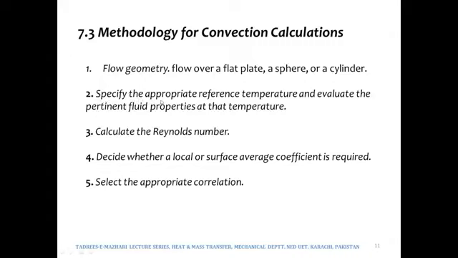And then we need to specify the appropriate reference temperature and evaluate the fluid properties at that temperature. So we will see in a bit, when we would be solving the problems, that we need to refer to the tables to find out the fluid properties, and we need to calculate the fluid properties at a reference temperature.